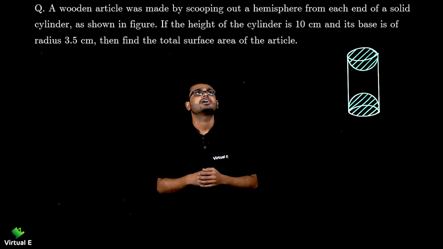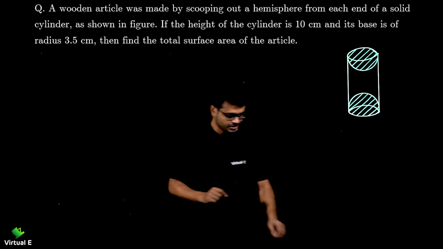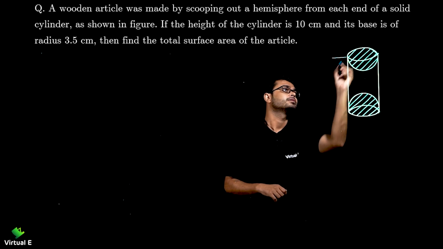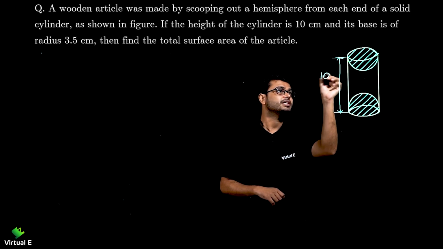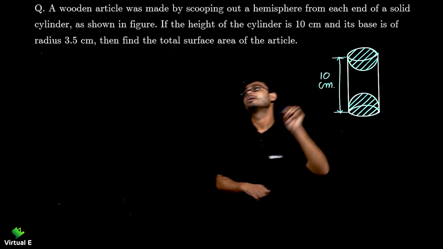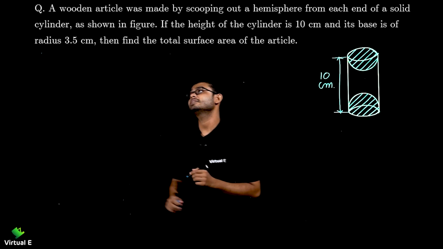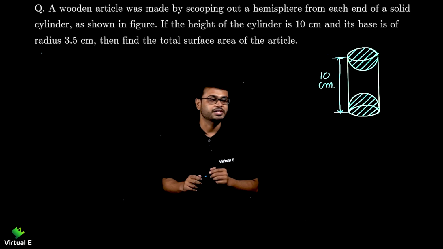If the height of the cylinder is 10 centimeter, let's write the height of the cylinder is 10 centimeter. So let's say this is the height of the cylinder, 10 centimeter, and its radius of the base is 3.5 centimeter.